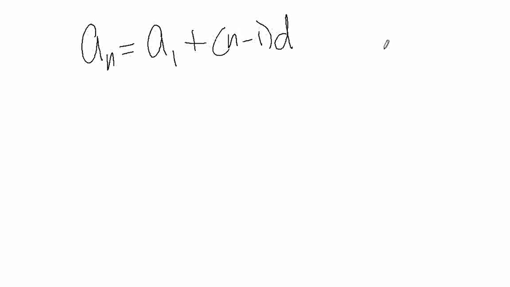So the first element of the sequence will denote by a sub 1, the next element will denote by a sub 2, and then the next one a sub 3, and so forth. The nth element, where n is an integer greater than or equal to 1, will denote by a sub n. So if a sub n is equal to a sub 1 plus n minus 1 times some number d, then it's an arithmetic sequence. Okay?